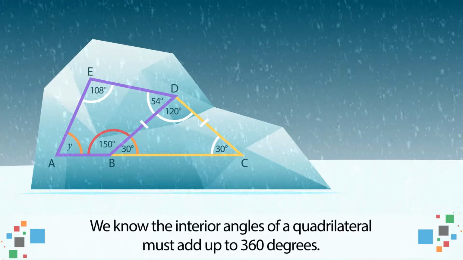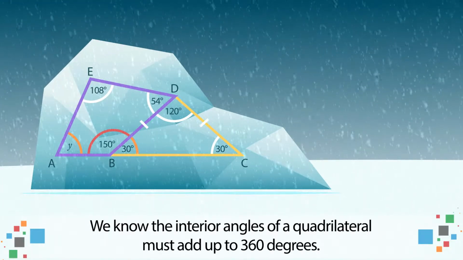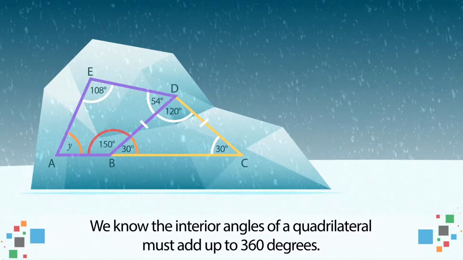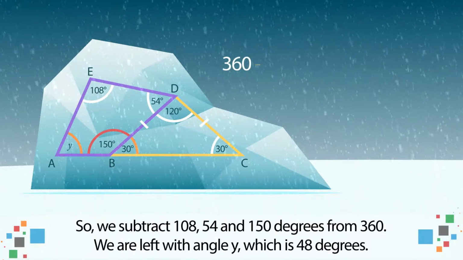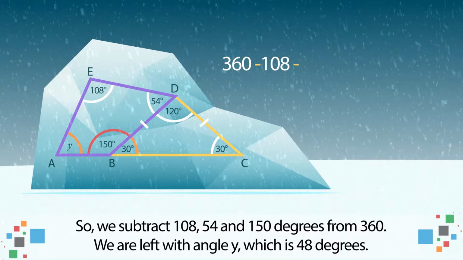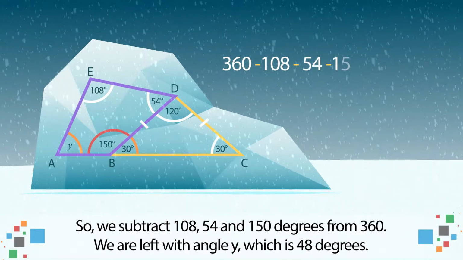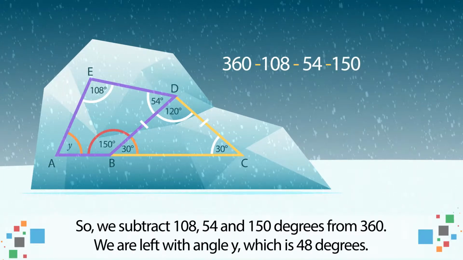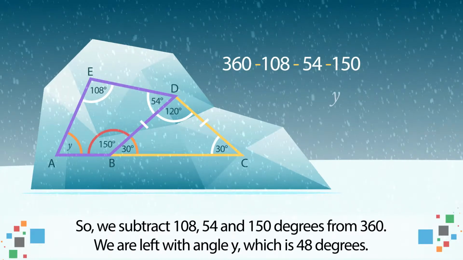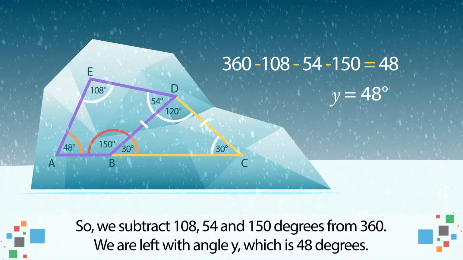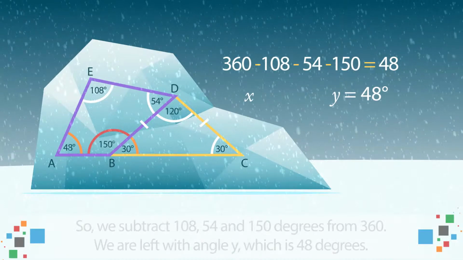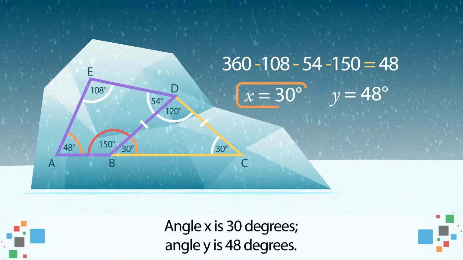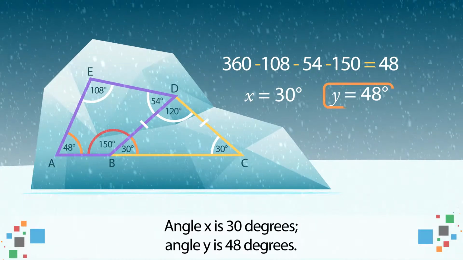We know the interior angles of a quadrilateral must add up to 360 degrees. So we subtract 108, 54 and 150 degrees from 360. We are left with angle y, which is 48 degrees. Angle x is 30 degrees, angle y is 48 degrees.